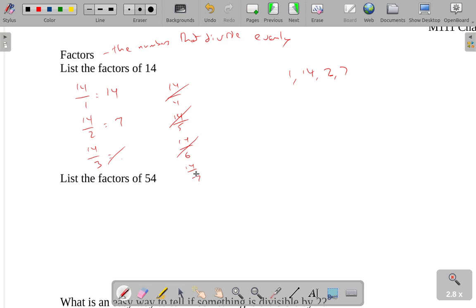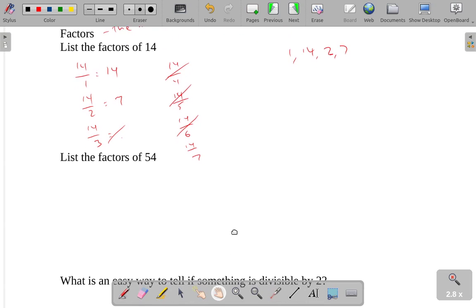And it turns out once we're starting to get duplicates, then we're done. Nothing bigger than 7 is going to be a factor that hasn't already been accounted for, if you're going up in a nice, even fashion like this. So our complete list of factors of 14 would be 1, 2, 7, and 14, if you wanted to write those in ascending order.